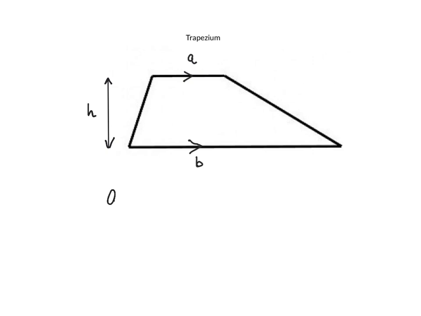And the formula for the area of a trapezium is 1/2 of the height multiplied by A plus B. Now I could derive that formula for you, but I'm not going to do so. That's the formula that we're going to use to work out the area.